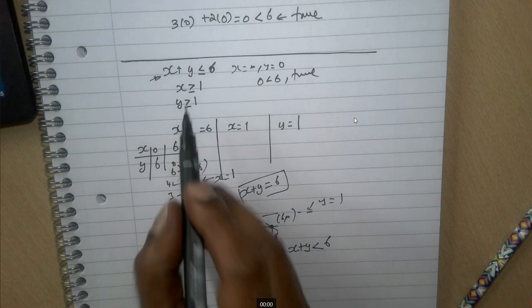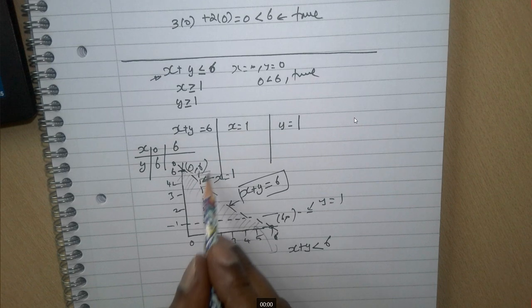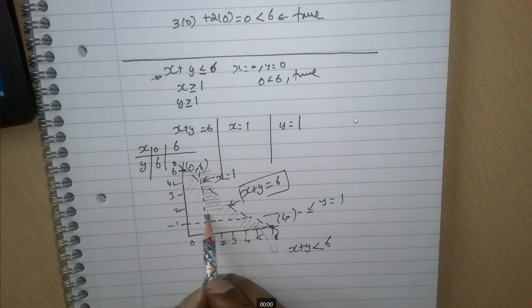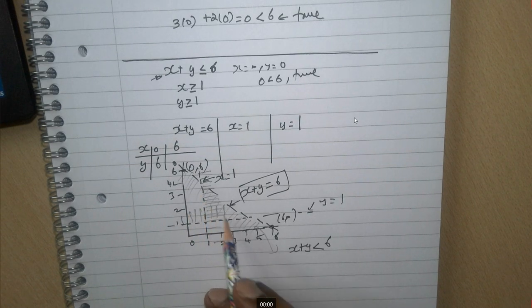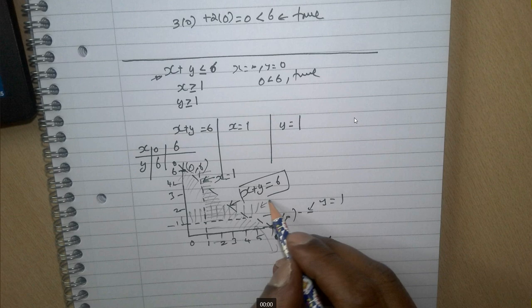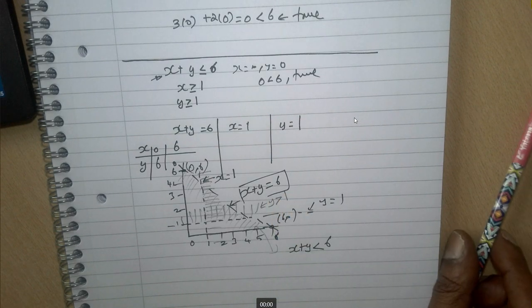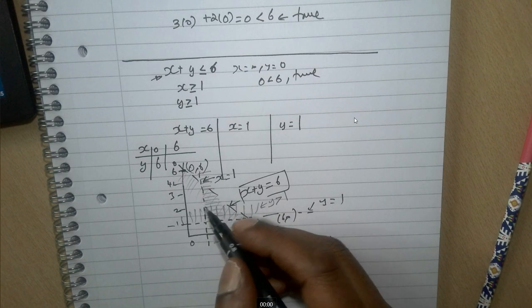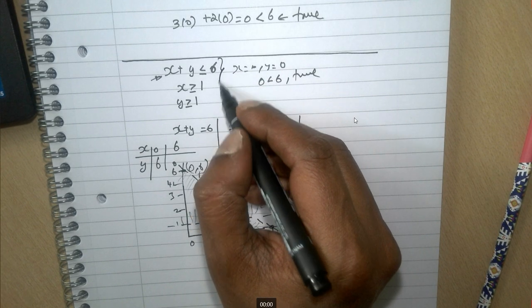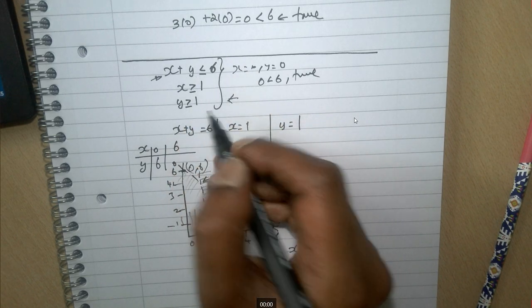And now where is x greater than 1? x greater than 1 is everything after this line. For y greater than 1, every point above this line will be y greater than 1. Now we have to find a common region where all the conditions hold true. Find the common region where all these three conditions hold true.